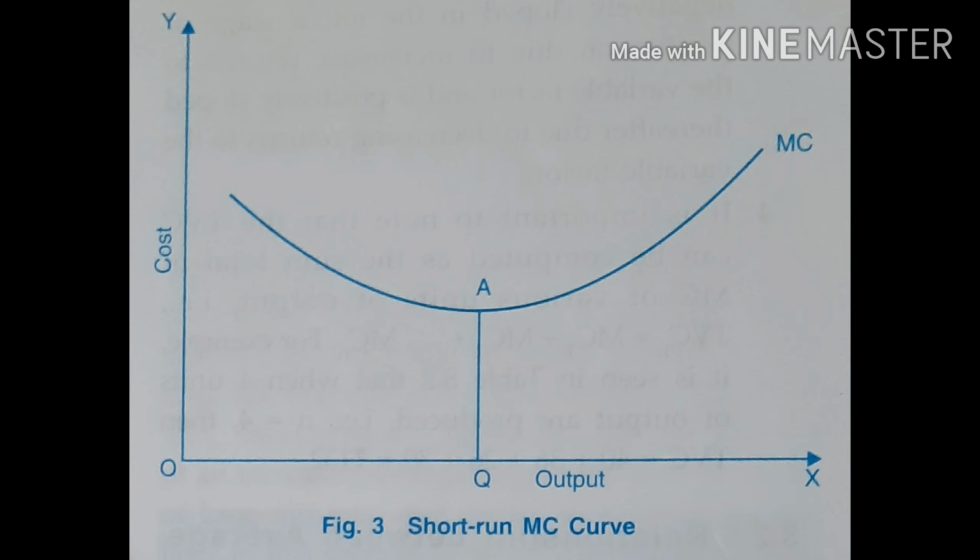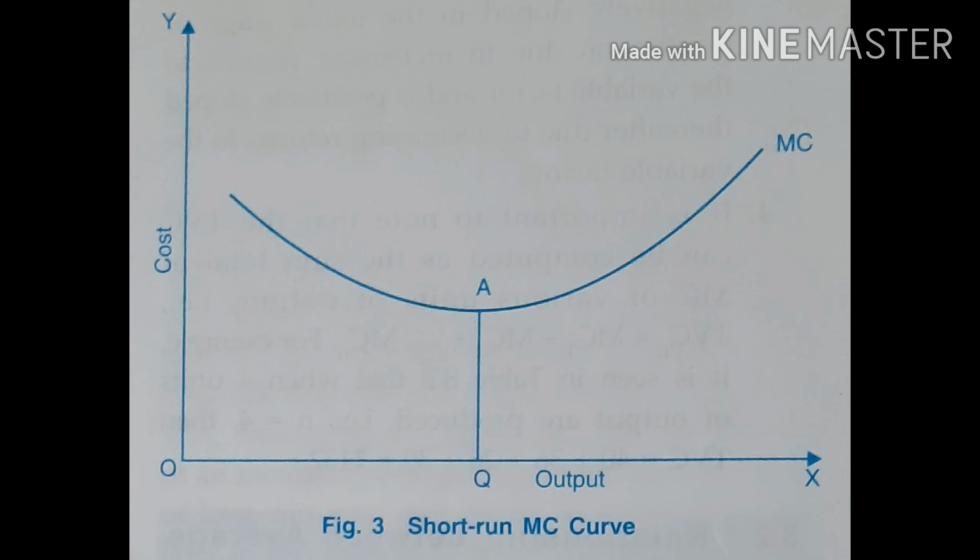Then the second thing about marginal cost is that it is associated with the total variable cost and total cost, because the total cost is the summation of fixed cost and variable cost. So even though marginal cost has nothing to do with the fixed cost, certainly it is associated with the variable cost and so with the total cost.